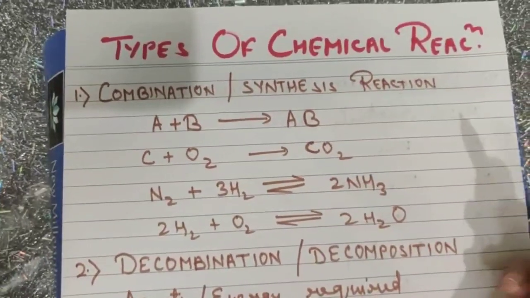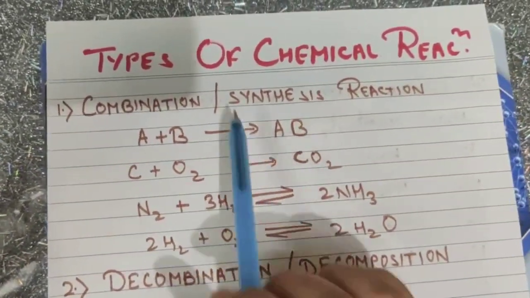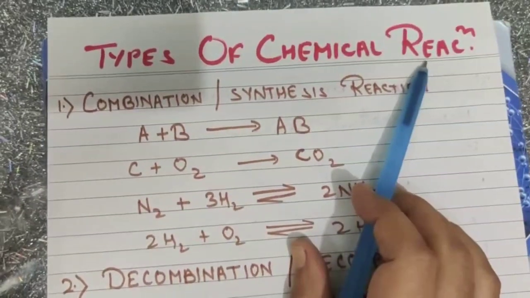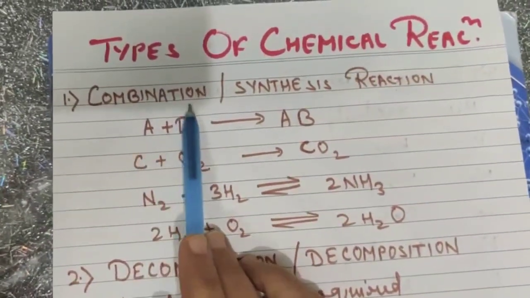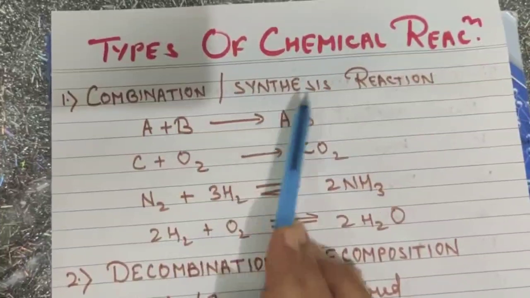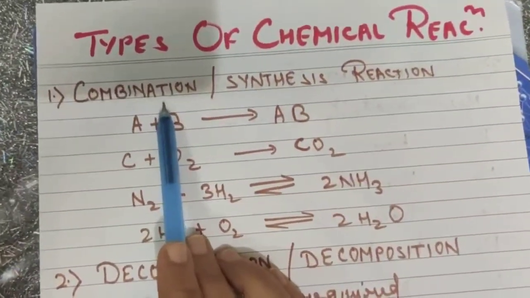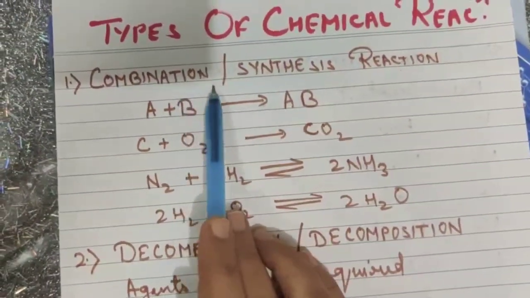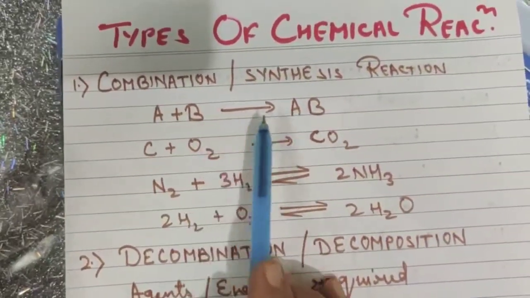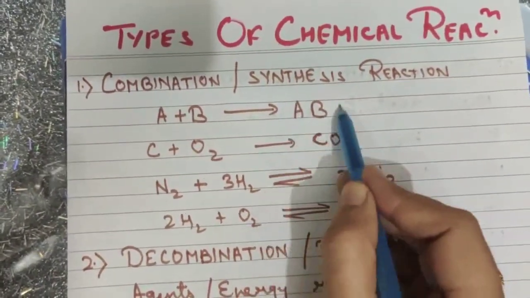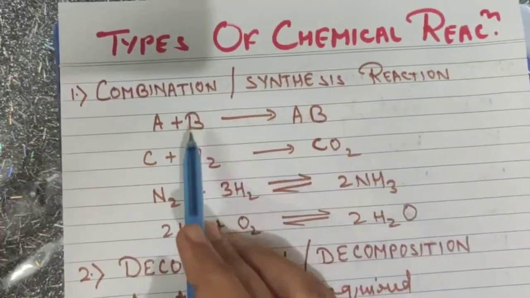So the topic for today is types of chemical reaction. The first type is combination or synthesis reaction. As the name itself suggests, this reaction type involves the formation of a product from two or more reactants.